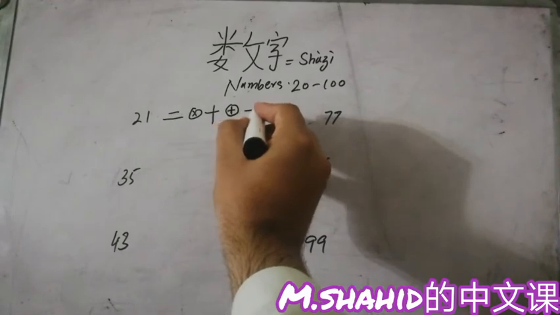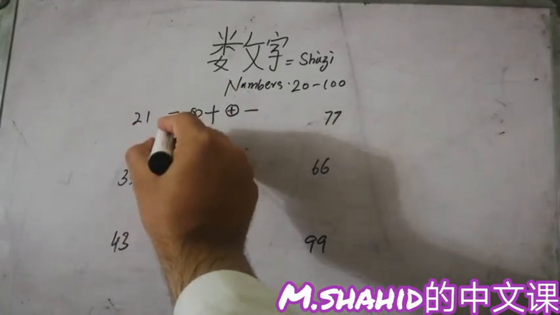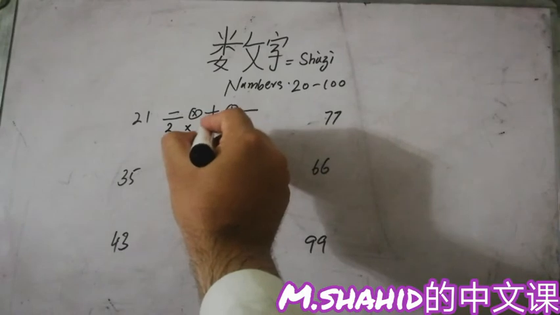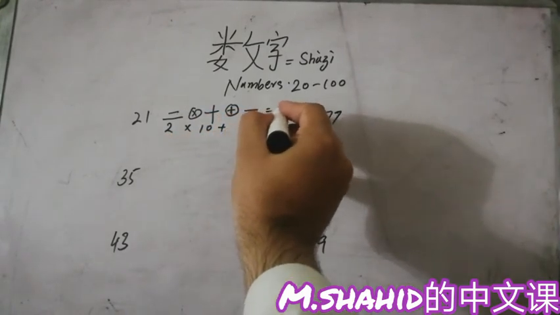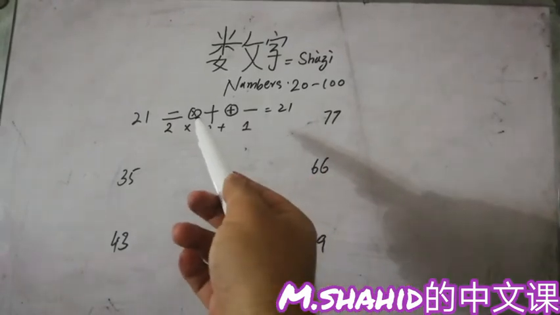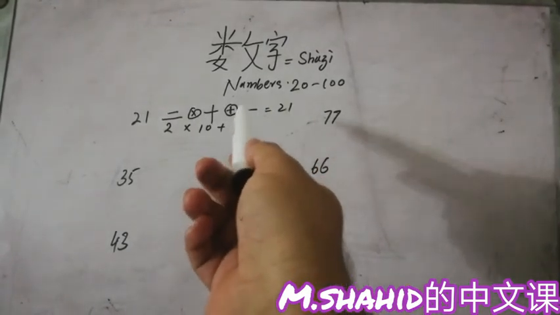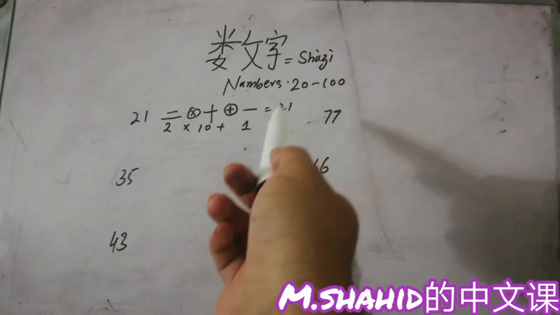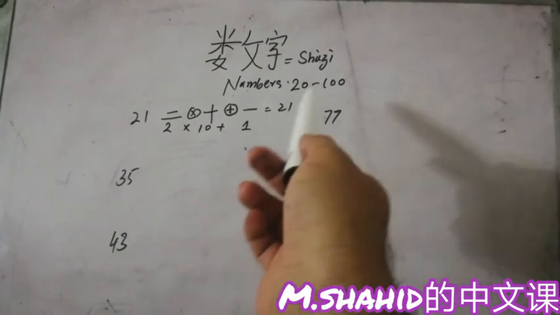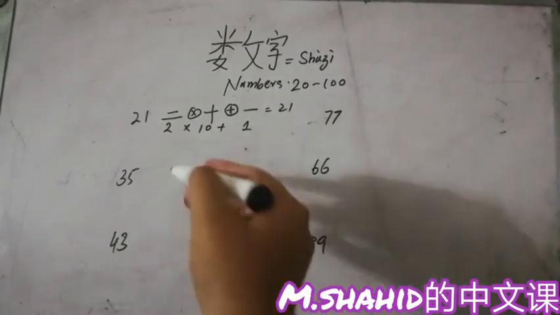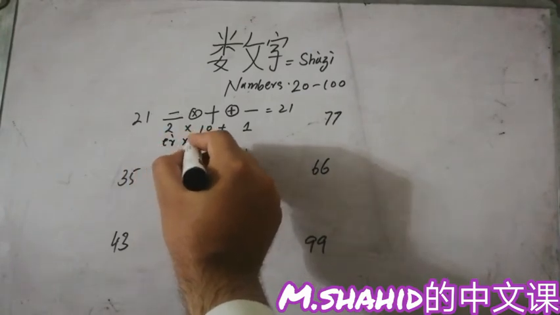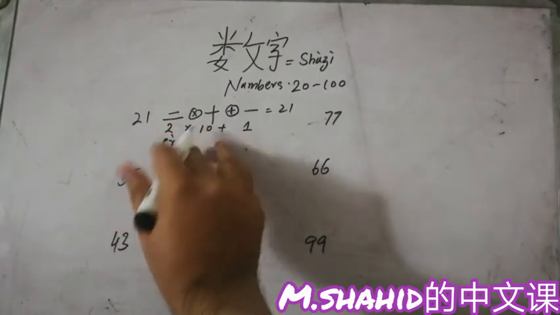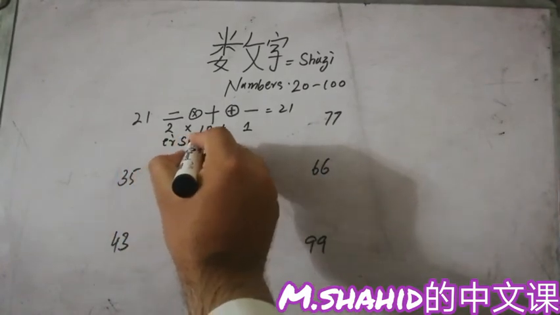So these are numbers 2 multiplied by 10 plus 1. It will give you 21.